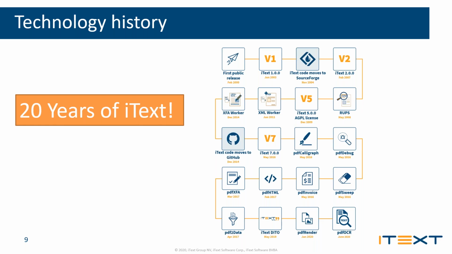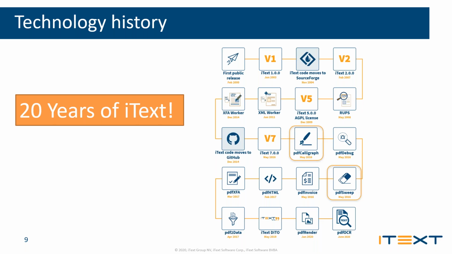As I mentioned before, we have iText 7 core, but there's a whole suite. I'm just going to highlight a couple of those. We have pdfCalligraph, which we will discuss later on. But basically, it allows you to unlock advanced typography features in PDF. We have pdfSweep, which we will actually use in our demo together with PDFOCR.